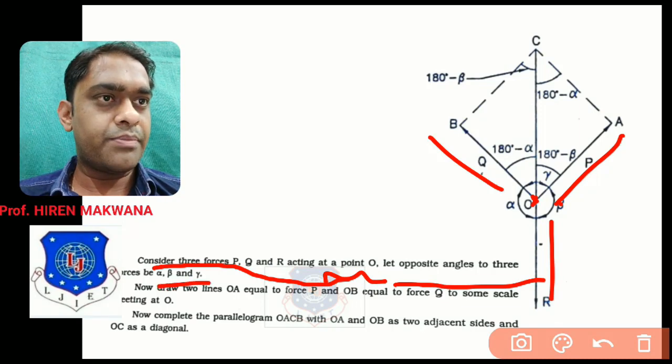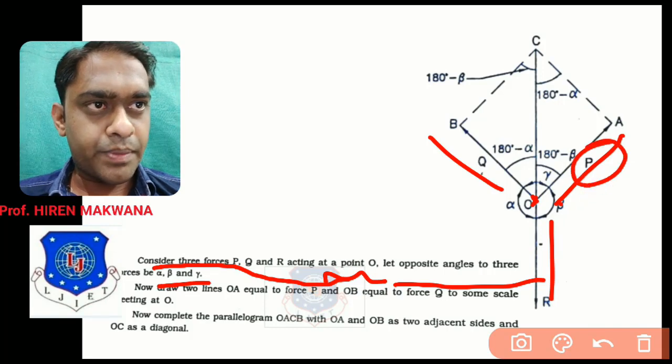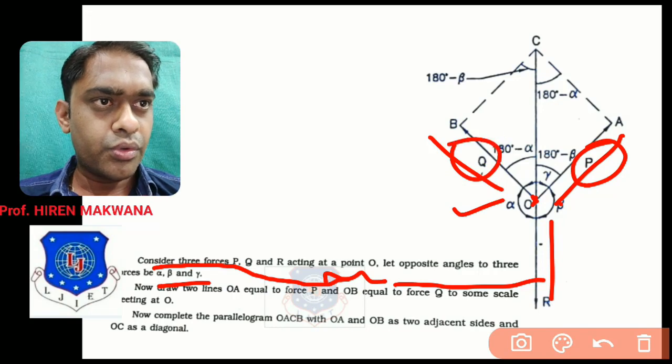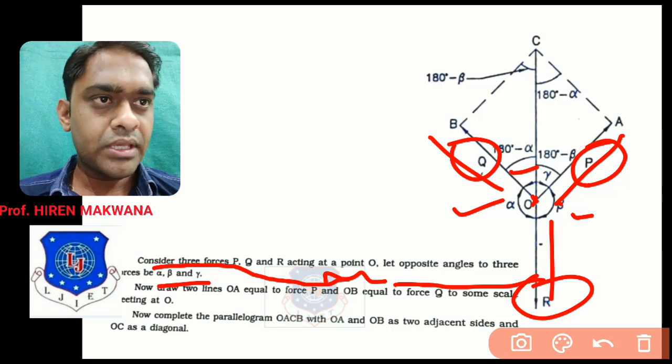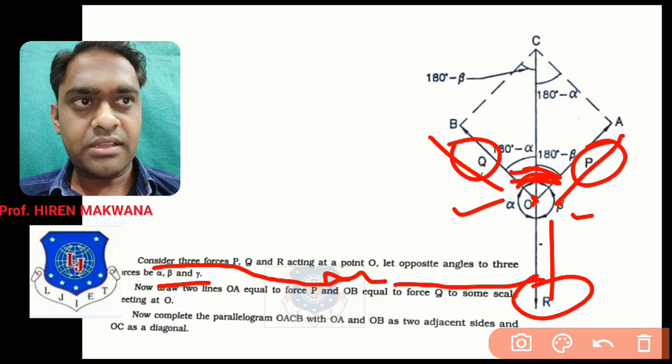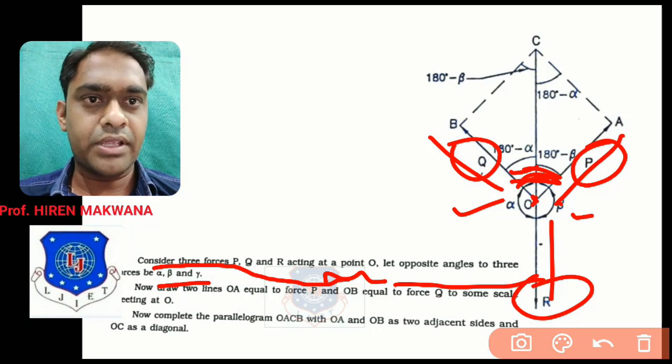So what does it mean? The opposite angle of force P is alpha, the opposite angle of force Q is beta, and the opposite angle of force R is gamma. Gamma is the total angle, this angle. Check the figure carefully, otherwise you will be confused by the figure.